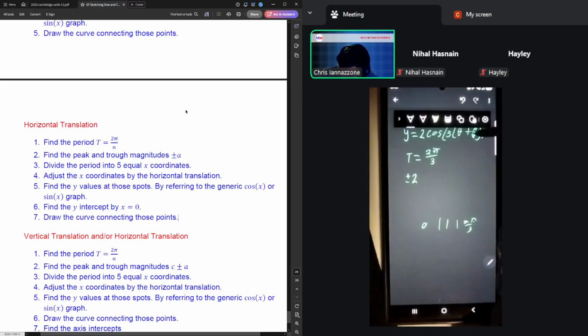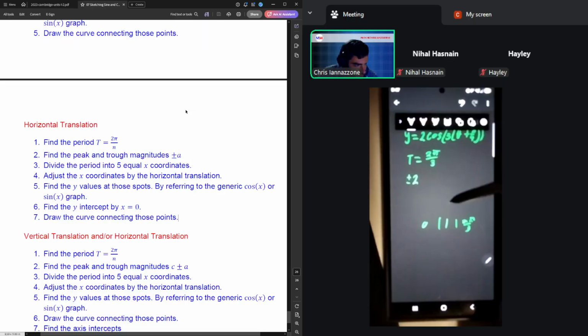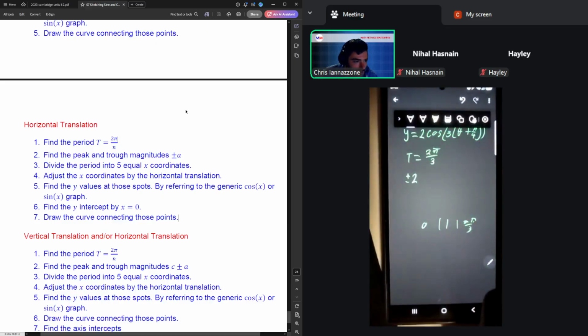When you have a horizontal translation, you're essentially shifting all these things forward, which is what I've written in the notes. The reason why it's not effective to do that, even though that's what you are technically doing, is because doing a calculation 5 times in a row is a waste of time, more or less.